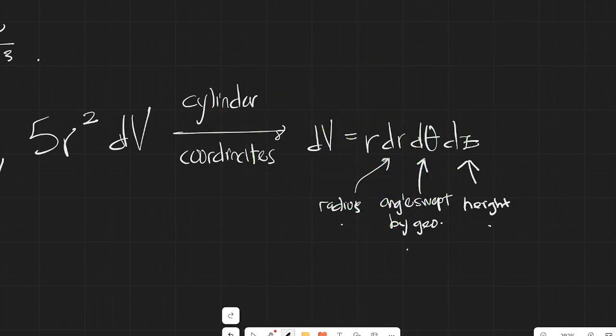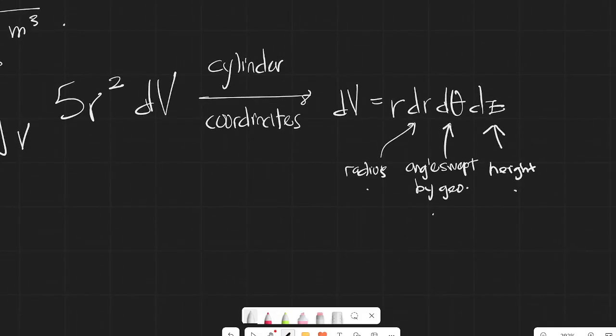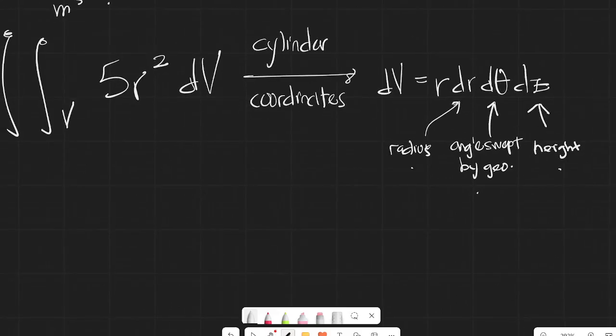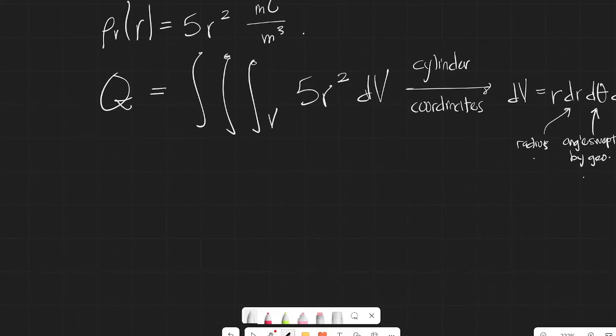Let's recast this triple integral in terms of our new transformed cylindrical coordinate system.